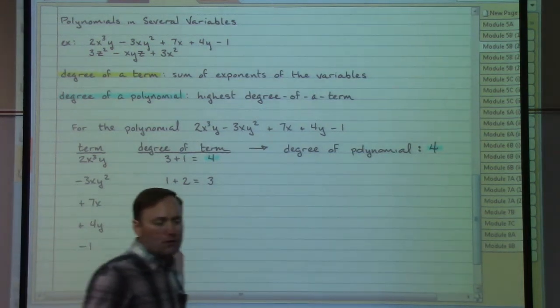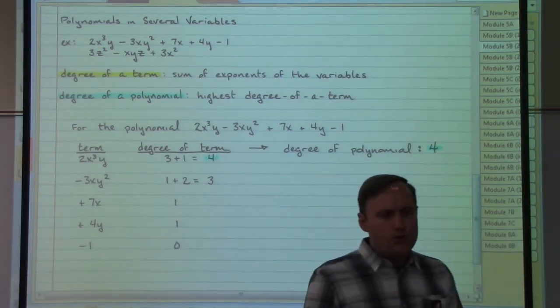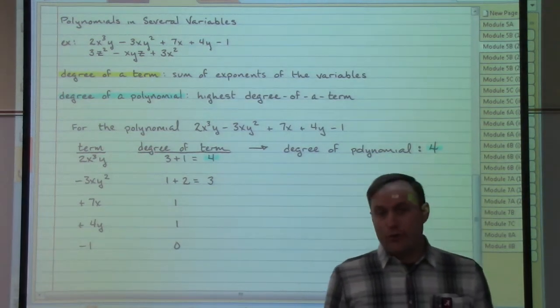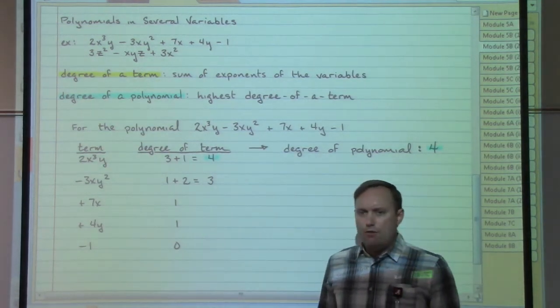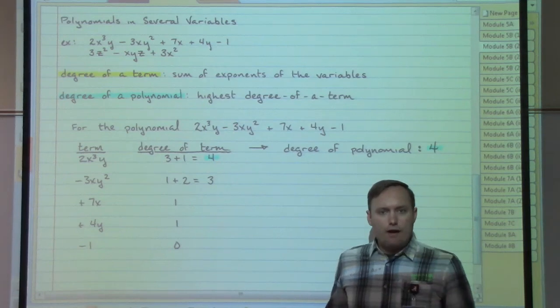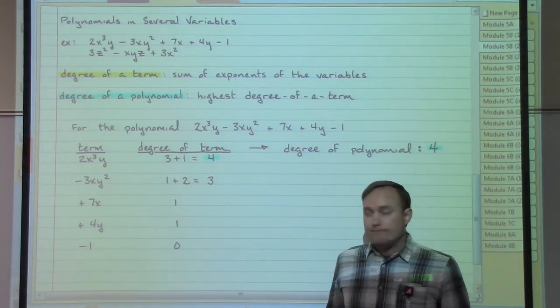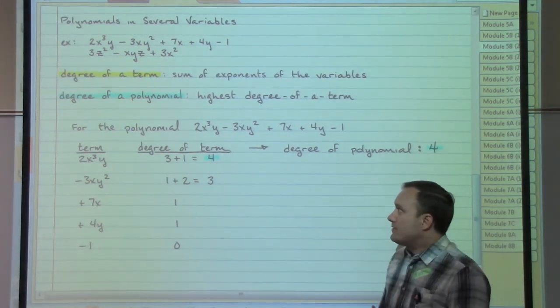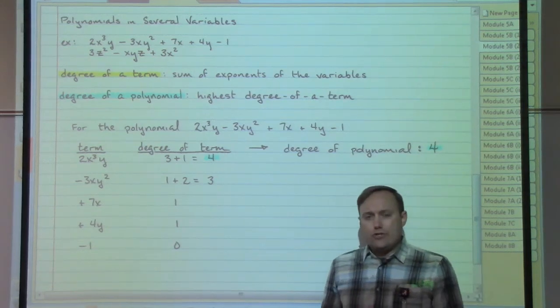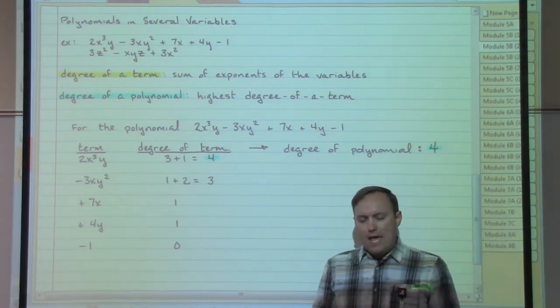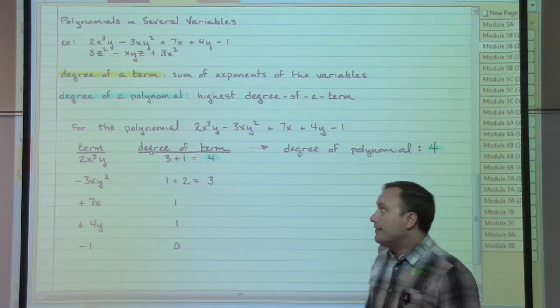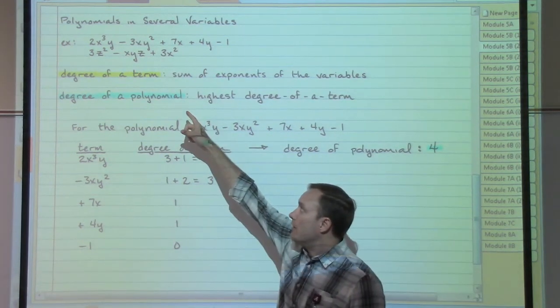Beyond the number of terms that show up, how do we tweak the notion of the degree so that we can account for several variables showing up? And what we have to do is this. We're going to look at each term one at a time. Any variables that show up, we take the powers and we add them together. So the degree of the term.